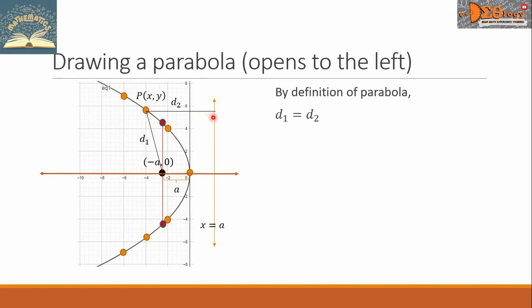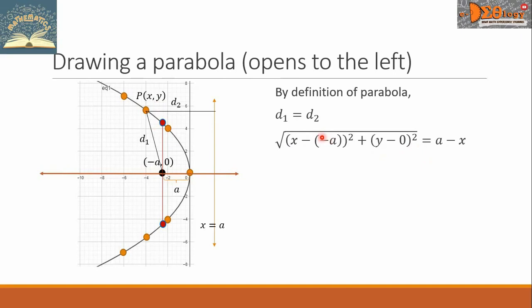By the definition of a parabola, d sub 1 is equal to d sub 2. Take note, d sub 1 is the distance between two points, so we use the distance formula. We have the square root of (x minus negative a) quantity squared, plus (y minus 0) quantity squared.